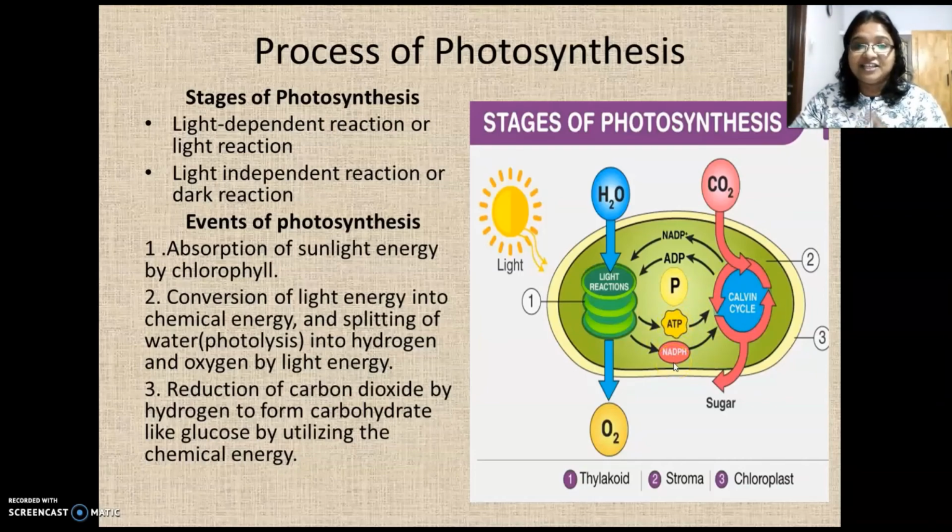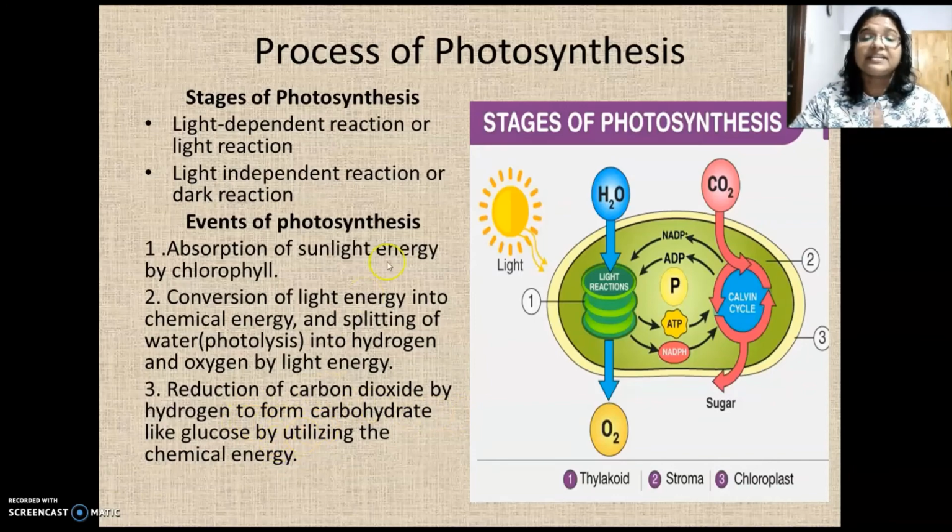Is it clear? There are two processes in case of photosynthesis. One is dependent on light, another one is not dependent on light. They are light reaction and dark reaction. And it's a very important question, the events of photosynthesis: absorption of sunlight by chlorophyll, conversion of light energy to chemical energy and splitting of water molecules, and then reduction of carbon dioxide by hydrogen to form carbohydrate like glucose.